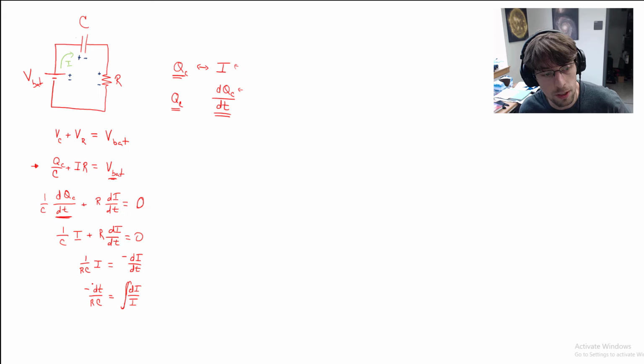There's a couple different ways that we can do this. I'll say let's start with 0 to t for the time. And on the right-hand side, for the current, go ahead, think about what would the limits of integration be for the right-hand side. Let me ask you this. At time equals 0, how much charge is on the capacitor plate? None. 0, right?